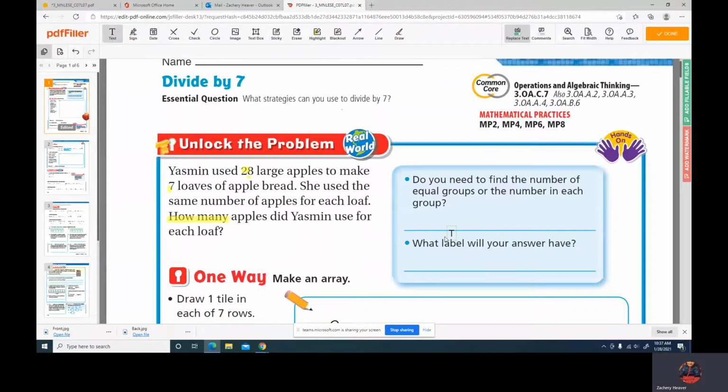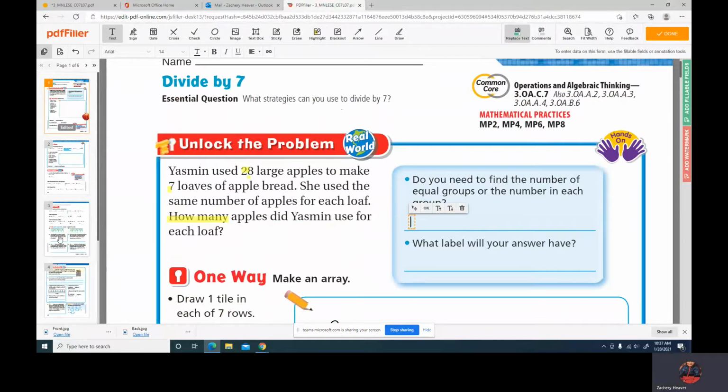So first off, do you need to find the number of equal groups or the number in each group? We know that she has 28 apples to make 7 loaves. She used the same number of apples for each loaf. So do we need to find the number of equal groups or the number in each group? Well, truth be told, you can actually find either one.